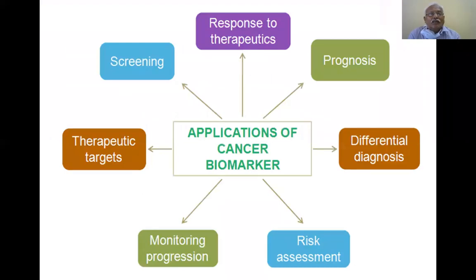If a particular type of tumor marker is seen, we can say that a particular type of tumor may be existing inside the body. And suppose we already know that the particular person is suffering with cancer, the response to the therapeutics can be known by measuring the tumor markers. And if already suffering with cancer, we know the prognosis of the cancer.